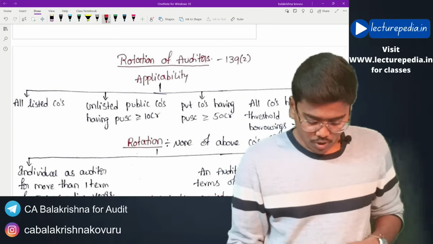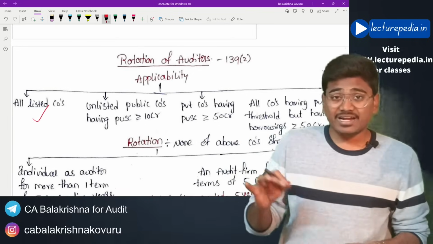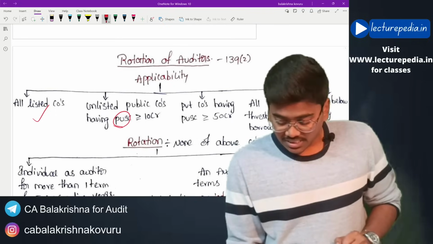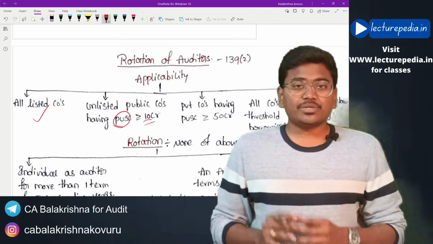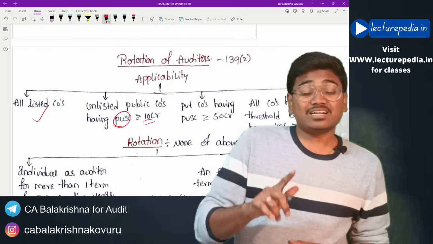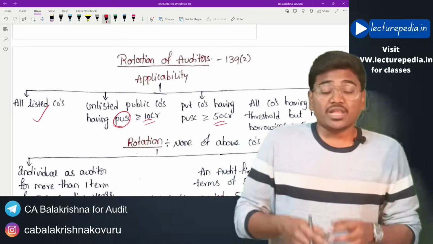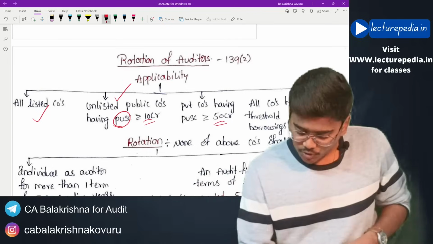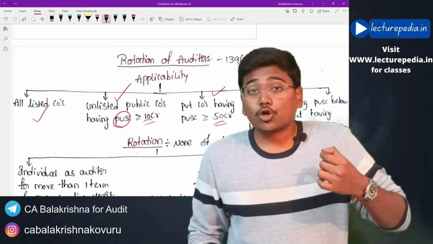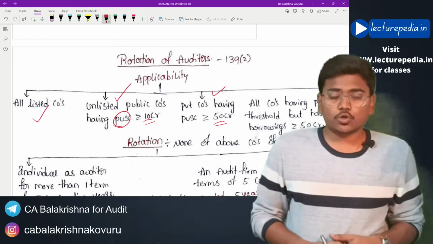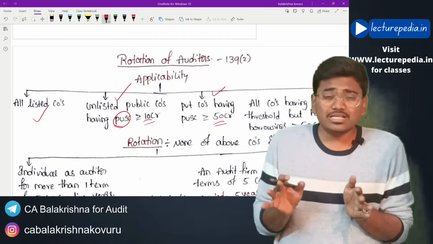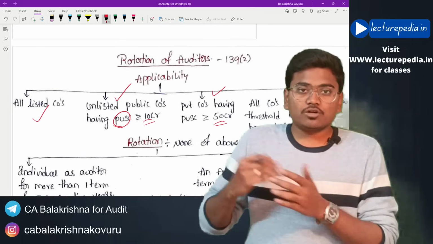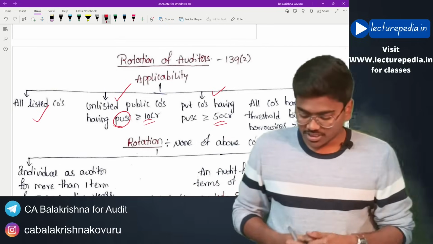It is applicable to all the listed entities and unlisted public companies having paid up share capital of greater than or equal to 10 crore rupees and private companies having paid up share capital of greater than or equal to 50 crore rupees, and all those companies whose paid up share capital is below these threshold limits, but their borrowings are exceeding 50 crore rupees. For auditors of all these companies, the concept of rotation will be applicable.